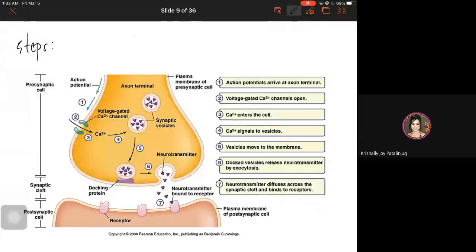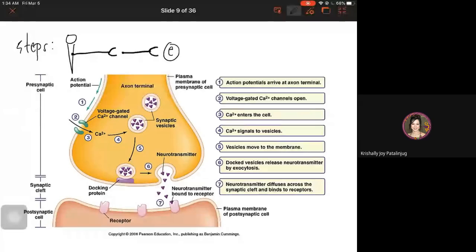Kumbaga, i-explain ko step by step kung ano yung each steps that occur para yung utos, yung impulse, okay, that is being generated by the brain, makarating siya sa mismong effector organ.